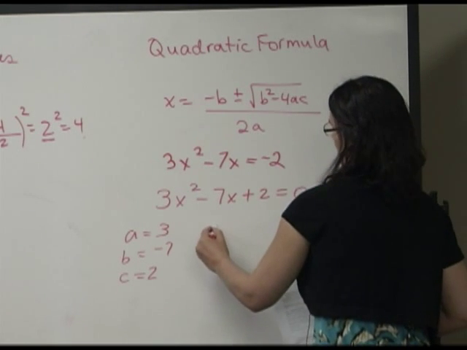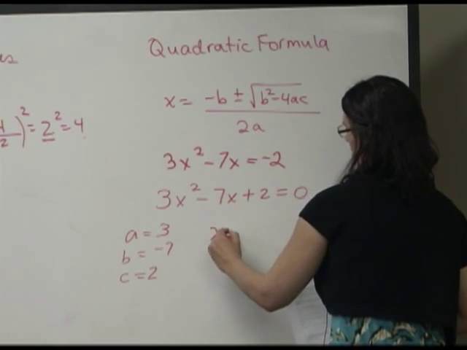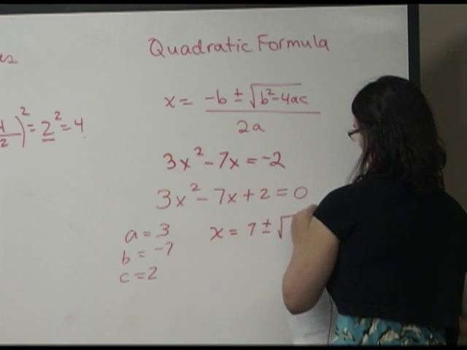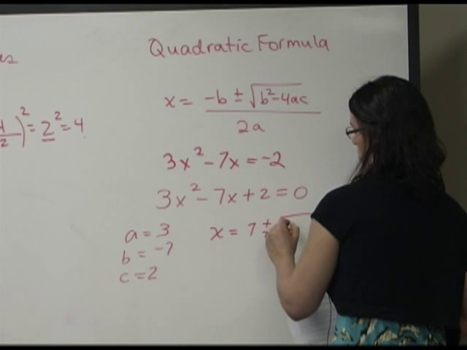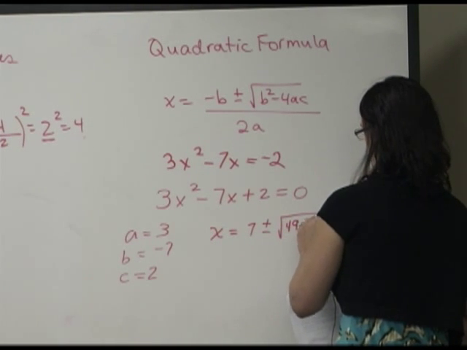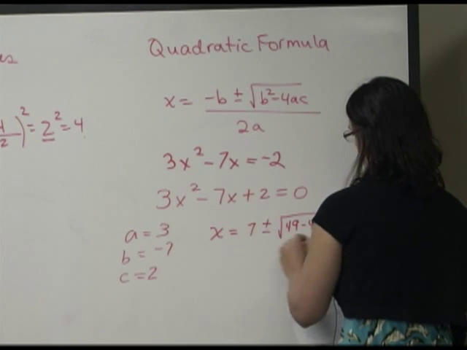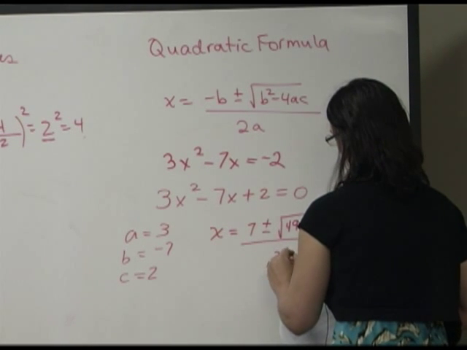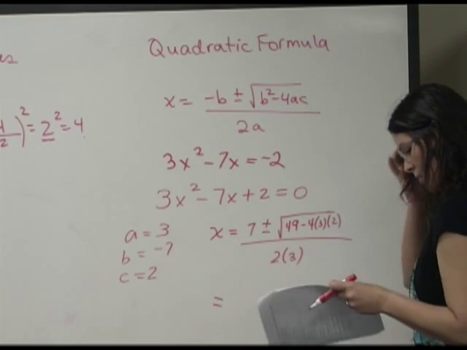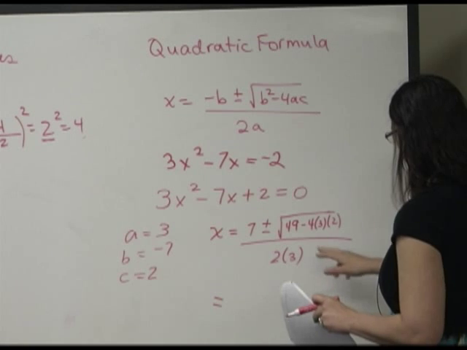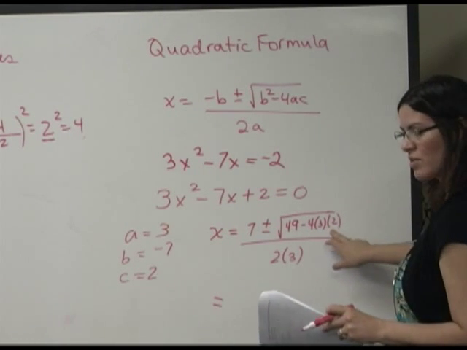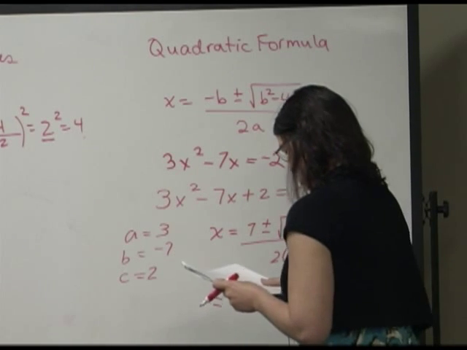Calculator. B squared minus 4 times 3 times 2, over 2 times 3. 49 minus 24 is what? 25?